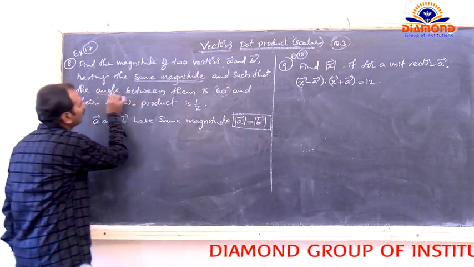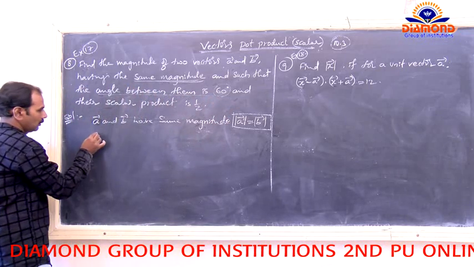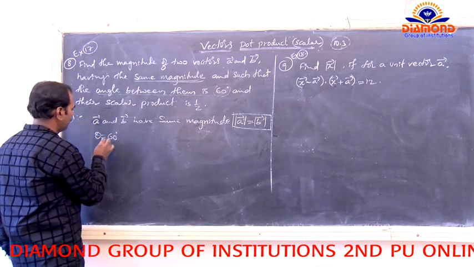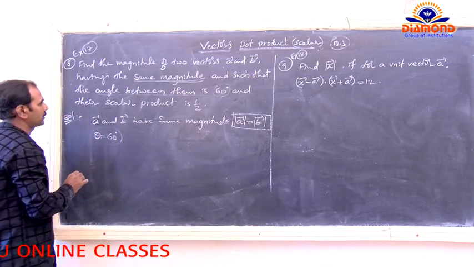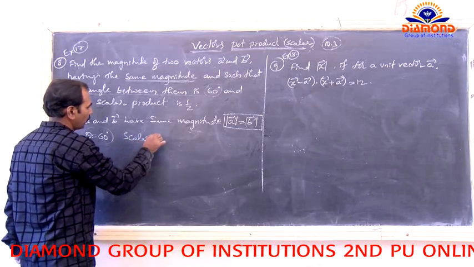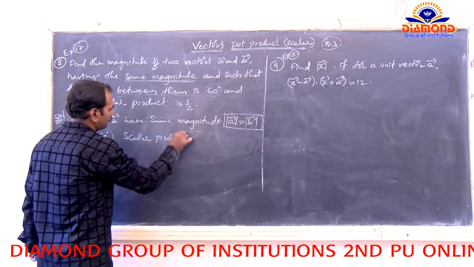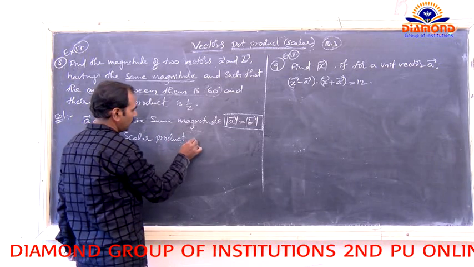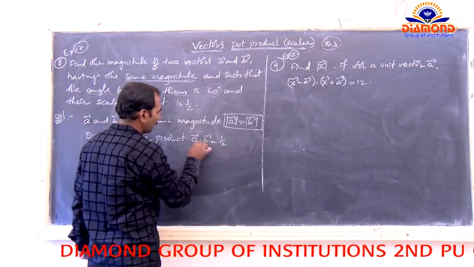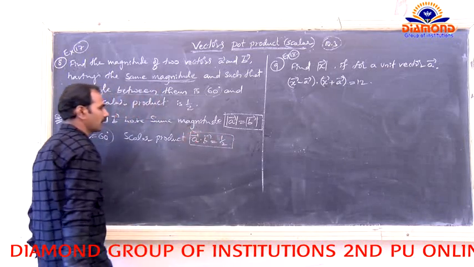Next, the angle between them is theta equals 60 degrees. Scalar product means A vector dot B vector equals 1 by 2.